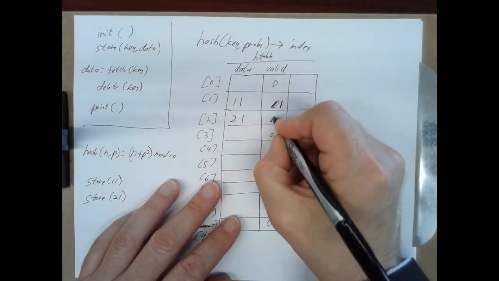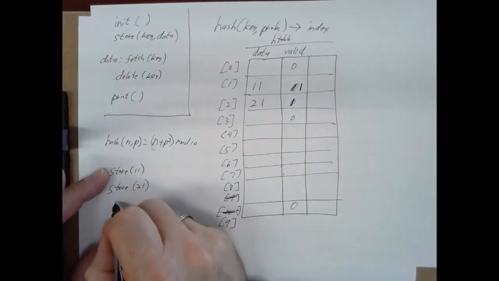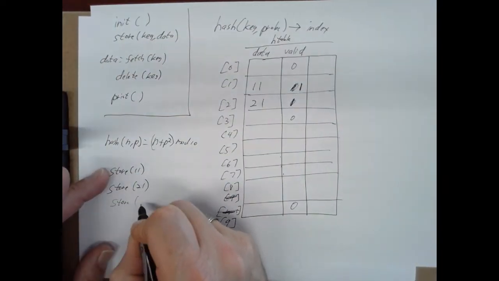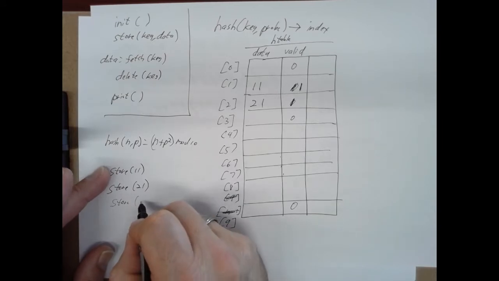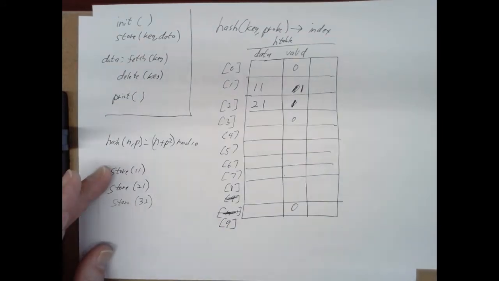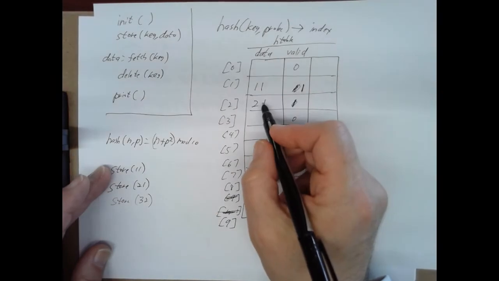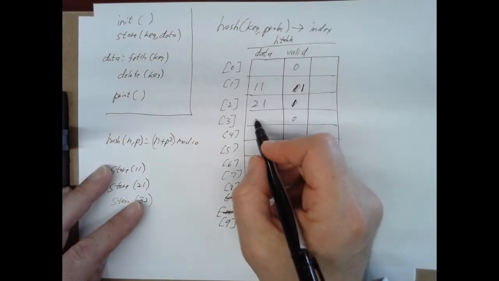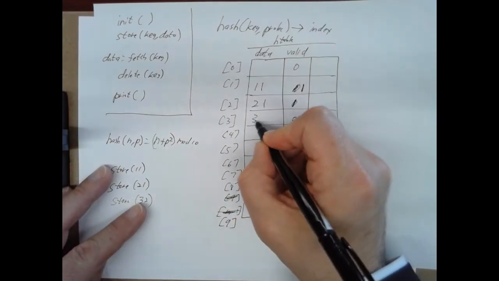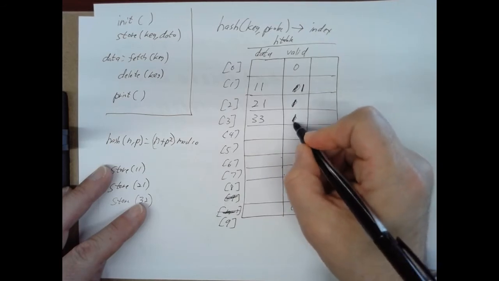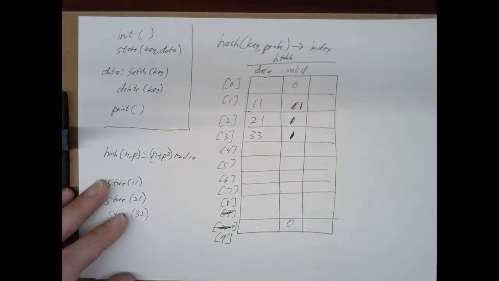All right, so 21 gets stored here, and if we want to store 32, same thing is going to happen. It'll collide here. We'll hash with a probe of 1. That'll come out to a 3. We'll store 33 here. That'll be a 1.